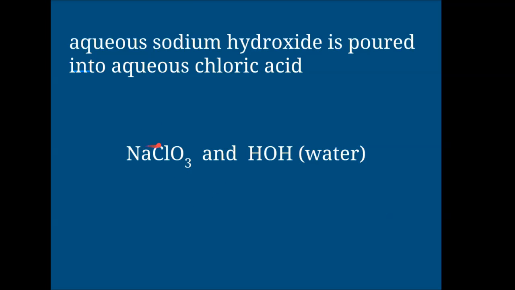And so you're going to end up with sodium chlorate and the hydrogen ion from the acid and the hydroxide ion from sodium hydroxide. And you can write it as HOH so you can see the pieces. It also makes it easier to balance sometimes, but HOH is H2O, it's water.